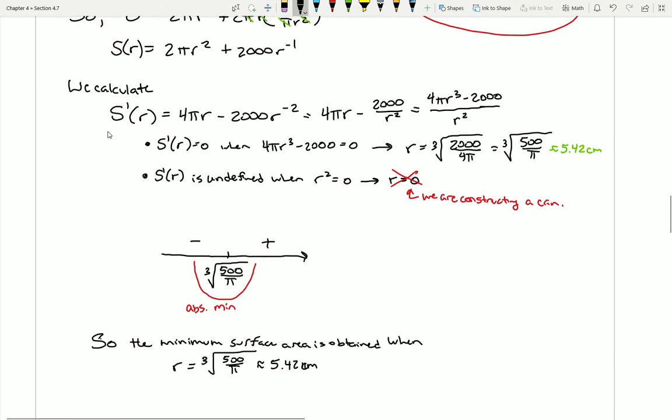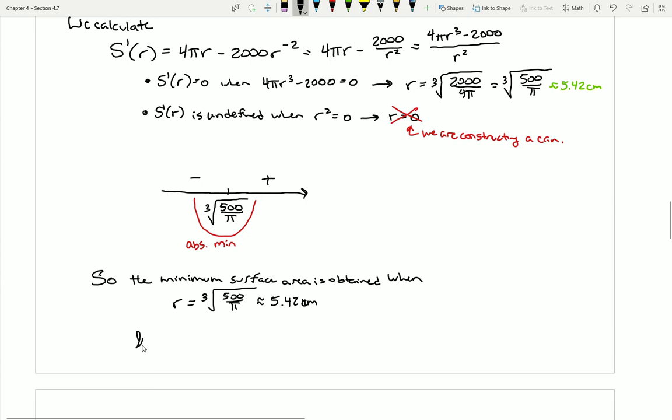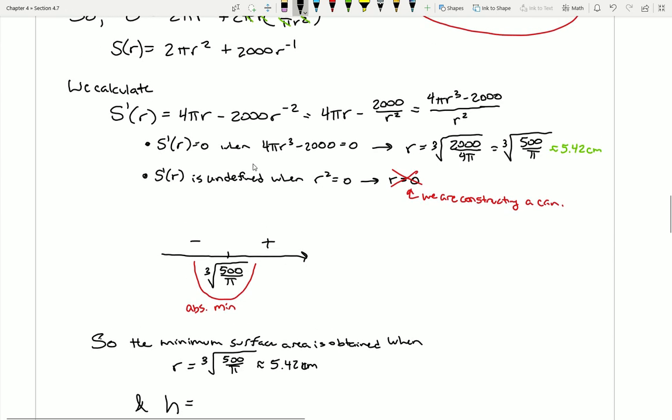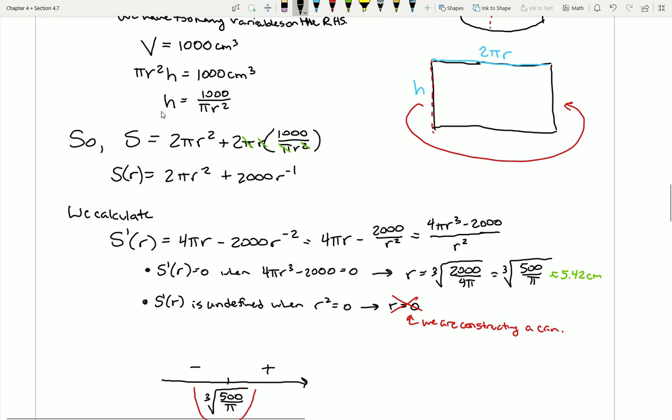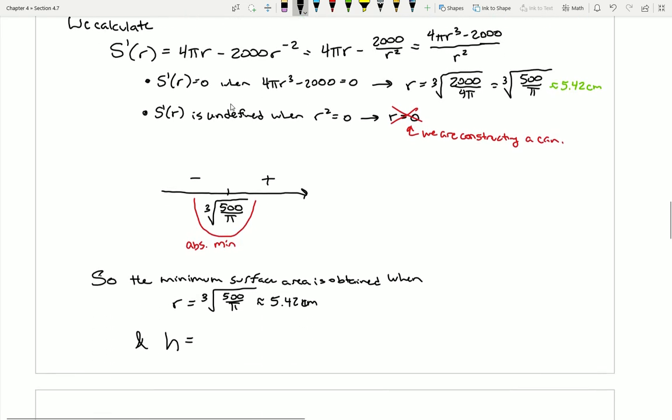And so in that sense, I need to make sure that I go back and also compute what h should be. But much like we saw in the last example, I already have a little formula that tells me what h is. I just have to do 1,000 over pi and then the value of r being squared. So I'm going to do 1,000 over the value of pi, and then I'll take my value of r and I'm going to end up squaring it.